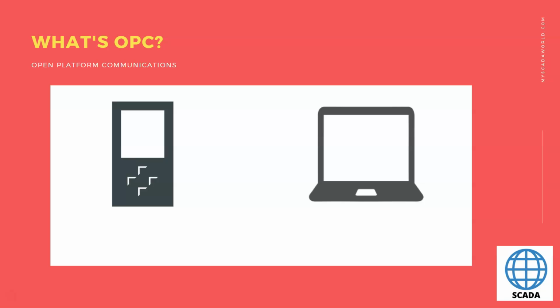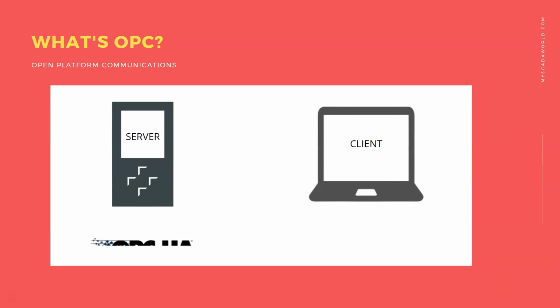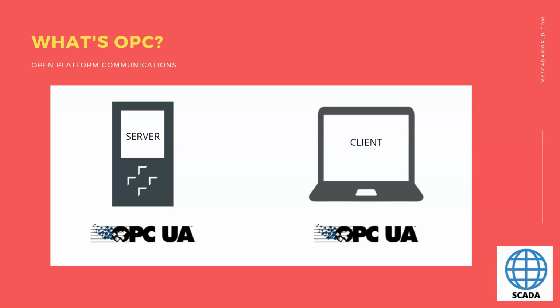Let's say we have one PLC and one computer. With OPC UA, we can communicate directly with the OPC UA standard. One of these, for example the PLC, is the OPC UA server, and our computer or our SCADA system is the OPC UA client.